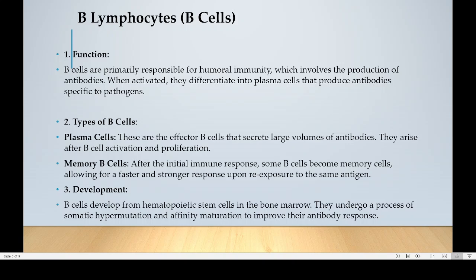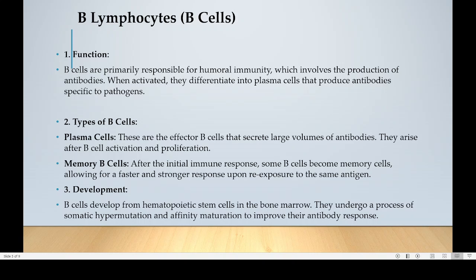After the initial immune response, some of the B cell become memory cell, allowing for faster and stronger response upon re-exposure of the same. That is, the function of the memory cell is that they are mainly responsible for keeping memory of an infection, which we call as an immune memory or immunological memory.